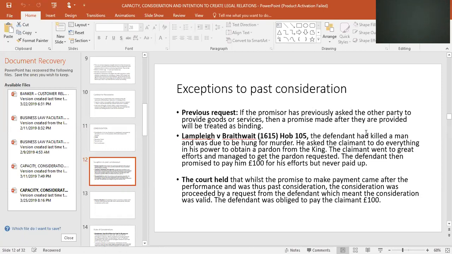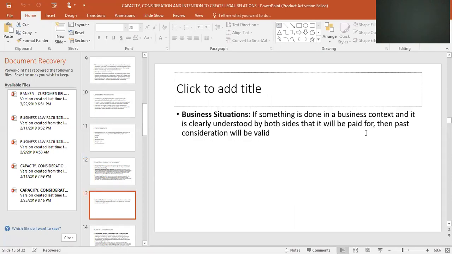So when the matter went to court, the court held that since the promise came before the consideration, you cannot term this as a past consideration because there was a promise which was made before the consideration even came.